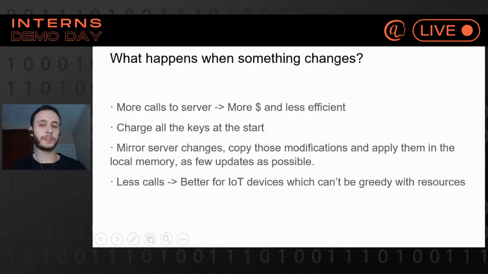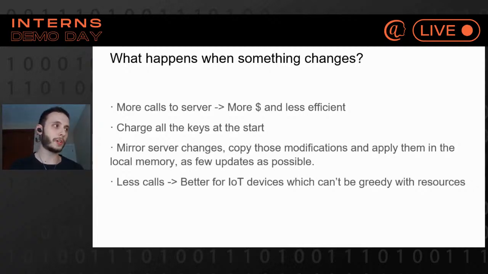Well, what happens when something changes? This is something particular from my implementation. I just saw that more calls to the server will mean more money, because that involves processing time, and it will be less efficient.